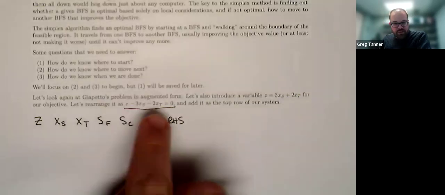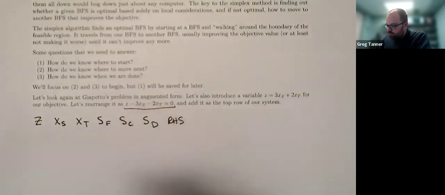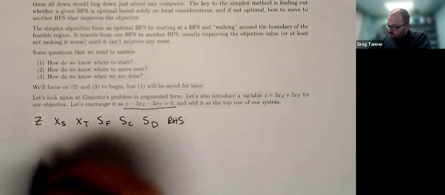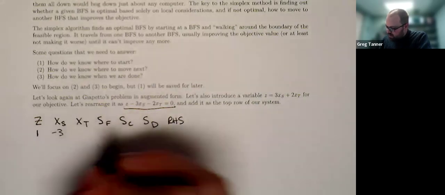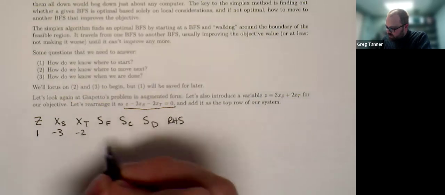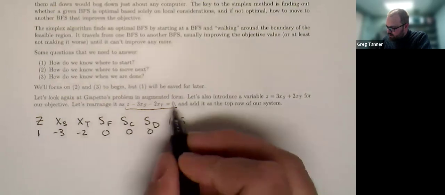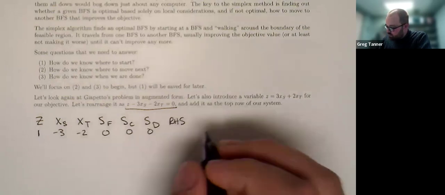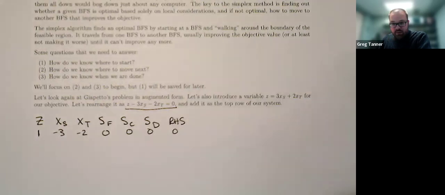Okay, so first I'll take this objective and I'll put that in the top row. So I've got a coefficient of 1 for z, -3 for xs, -2 for xt. None of my slack variables show up, and so they're all zeros. And then my right-hand side, because I moved everything to the left side, ends up being 0.